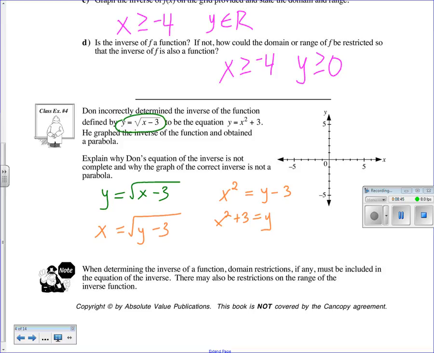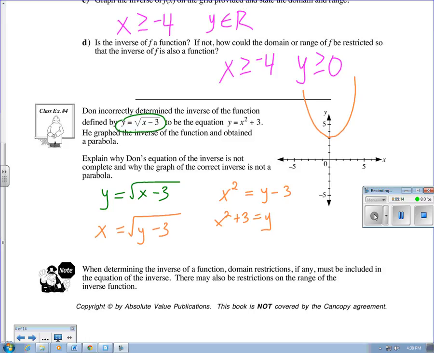Don has suggested that the equation of the inverse is in fact y equals x squared plus 3. He got a parabola, which we're also going to get. So when I graph y equals x squared plus 3, it's up here and it opens up. Don's original graph, y equals the square root of x minus 3, would have been at a different location.